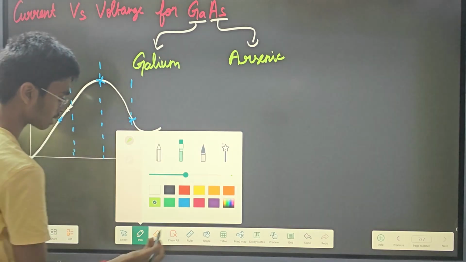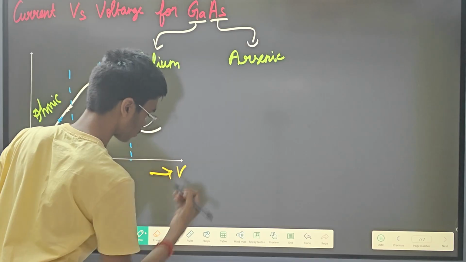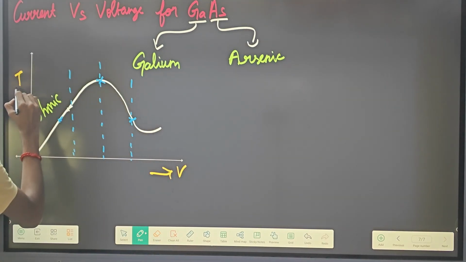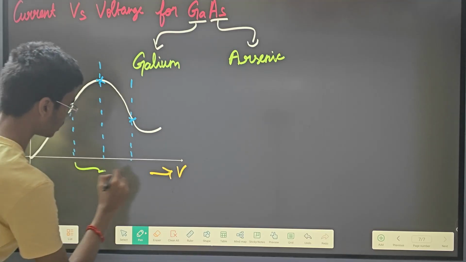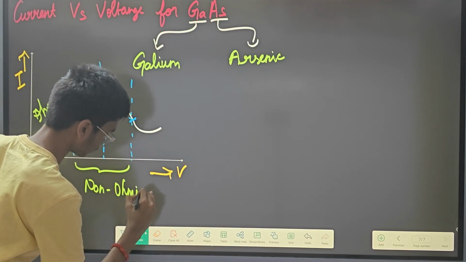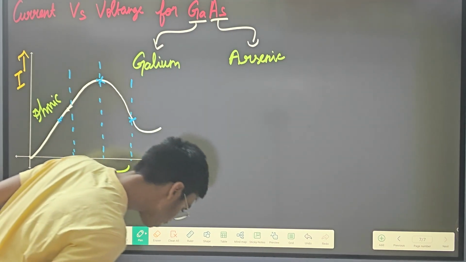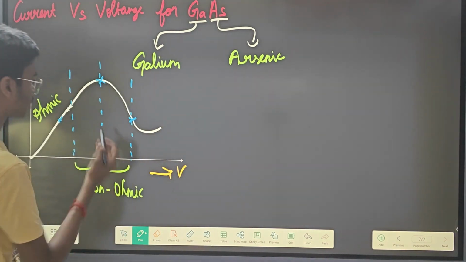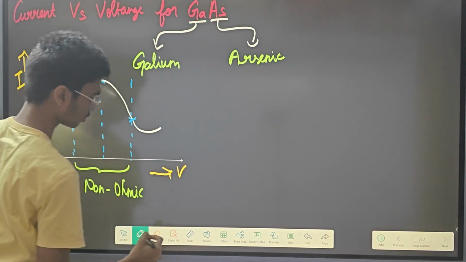First I'll represent the axes: x is voltage and y is current I. Then all these other regions are non-ohmic. It is a non-linear region, then a negative resistance region. I will write in a different color.